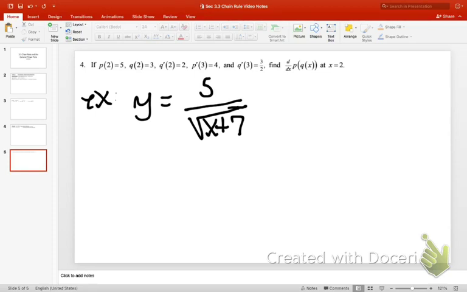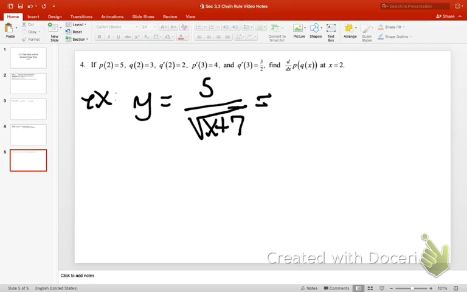So let's say our function is y equals 5 over the square root of x plus 7. Now, as is, we would have to apply the quotient rule. So we know that the quotient rule is one of the more lengthy rules that we have. So if we can algebraically manipulate this function to take the derivative in a different way, it's worth a try just to see how that works out.